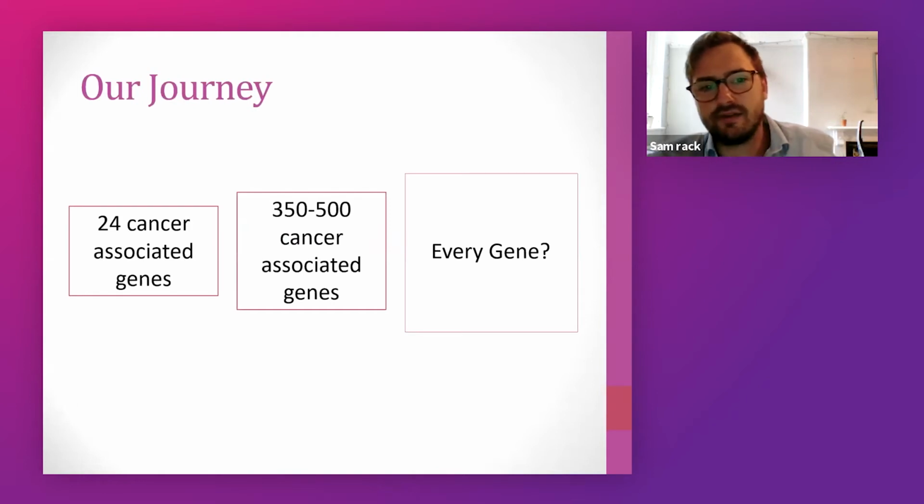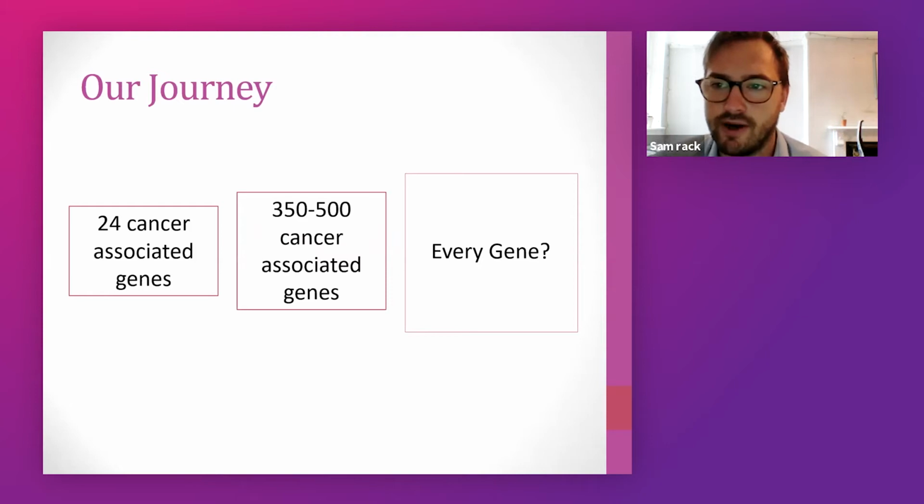So first of all, what is molecular profiling? Molecular profiling is where we look for specific changes within an individual's tumour. We can do this under the microscope and look for different characteristics of how it appears. We can put some stains or dyes on it and see if that makes it look different.